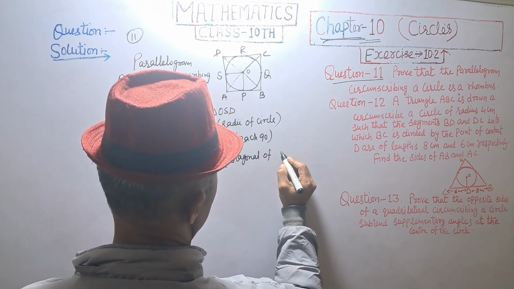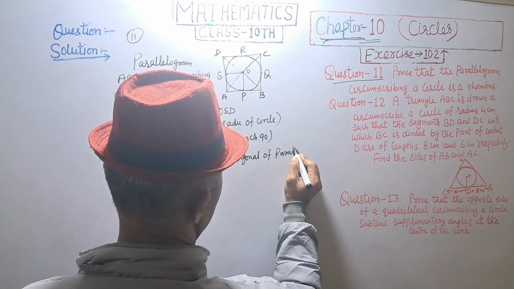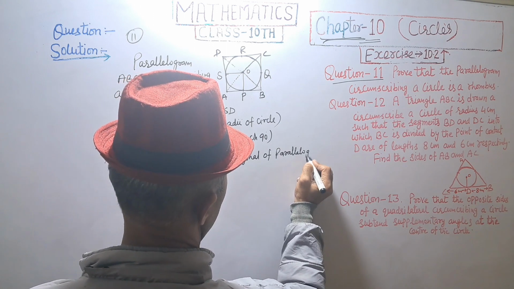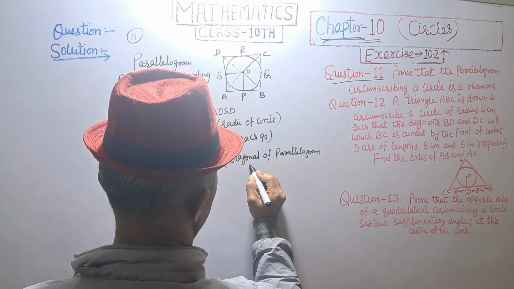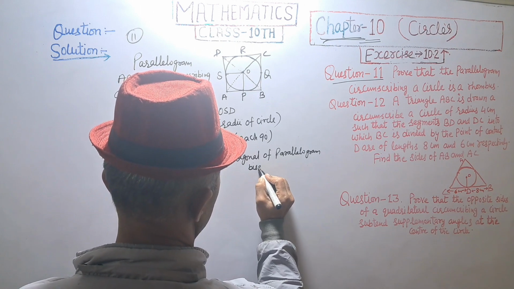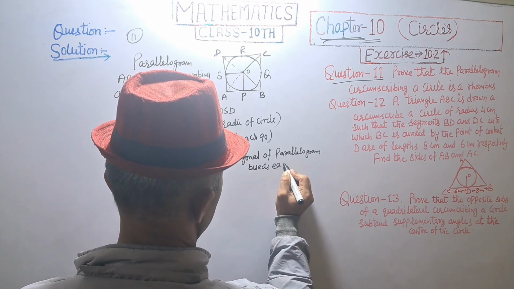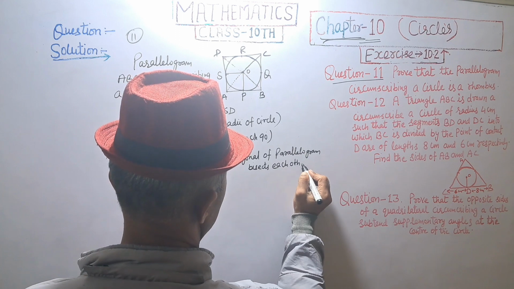Diagonals of a parallelogram bisect each other.